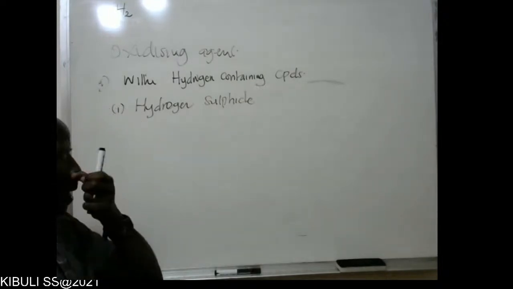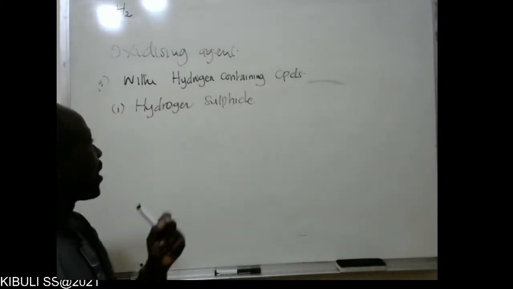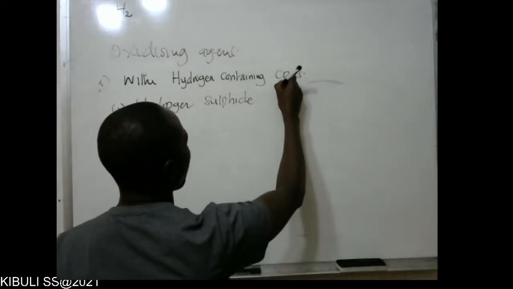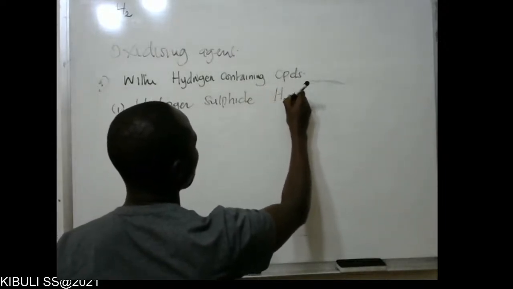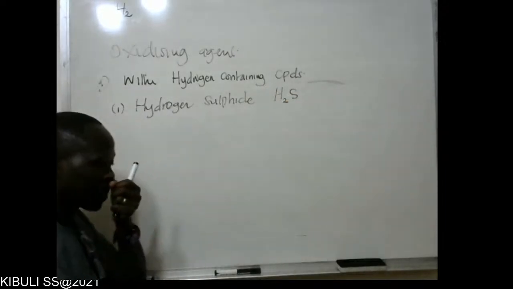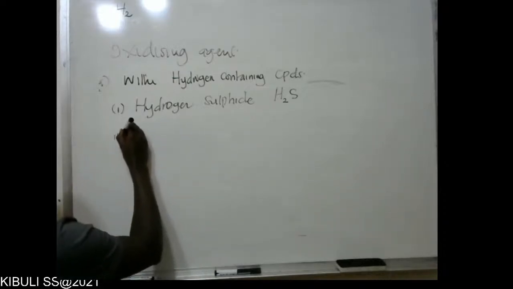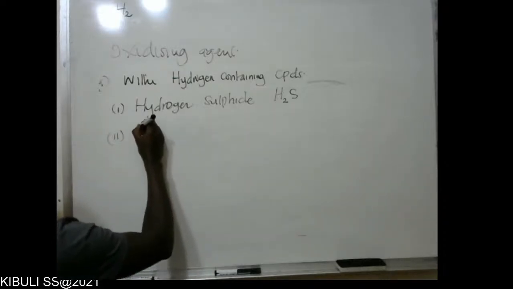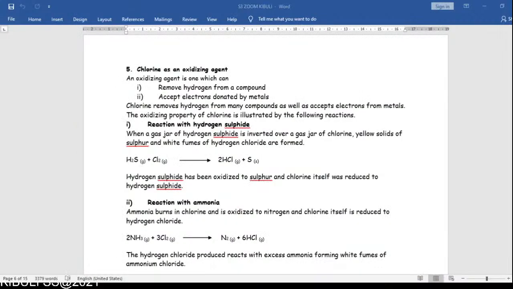Remember, this gas has a smell of rotten eggs. The formula for hydrogen sulfide is H2S. It involves a reaction with ammonia. The formula for ammonia, if you recall under nitrogen, was NH3. It involves reactions with hydrocarbons.